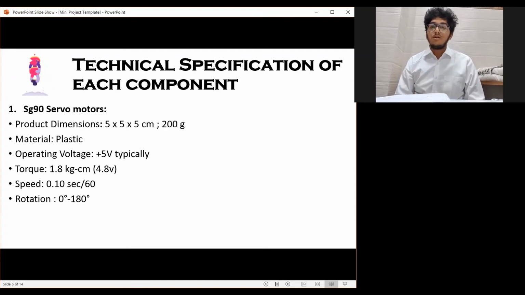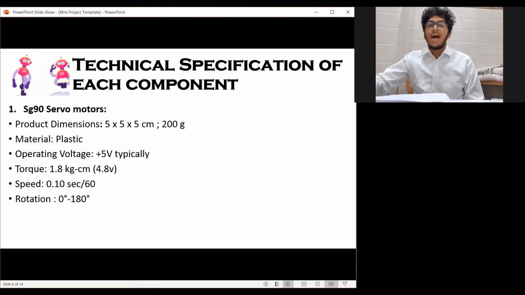It's a motor of 5 by 5 by 5 centimeter dimensions, weighing 200 gram, made of plastic, operating on 5-volt DC. It generates about 1.8 kilogram centimeters of torque with a speed of 0.1 second per 60 degrees. Its rotation is about 0 to 180 degrees.